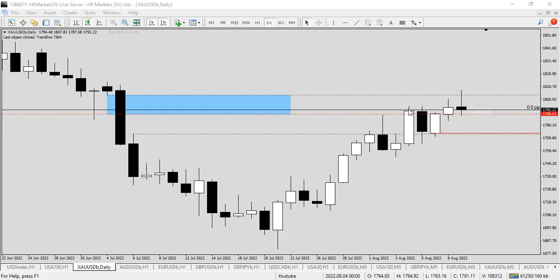I'm not saying you can't get a scalp short or an entire bearish day after this. But in order for me to believe or accept that this market is going to really trade lower, I'm going to look at the highest closing up candle that was formed inside the premium end of the imbalance, and I'm going to wait for price to go below it. We don't have to close below it. We just need to trade below it.